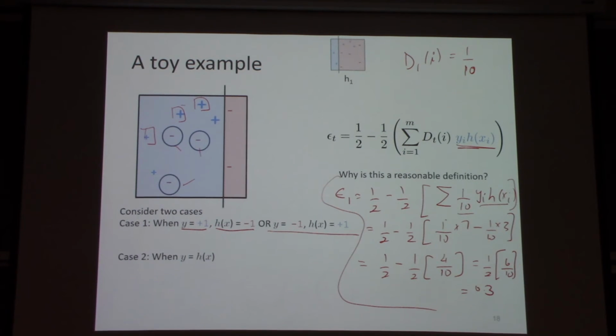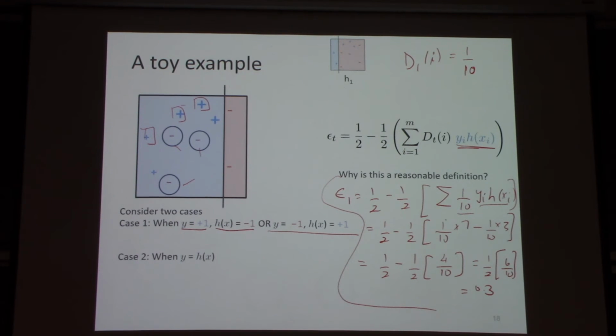Questions about this definition of an error before we go ahead? So, does each classifier have its own weights for all of the examples?